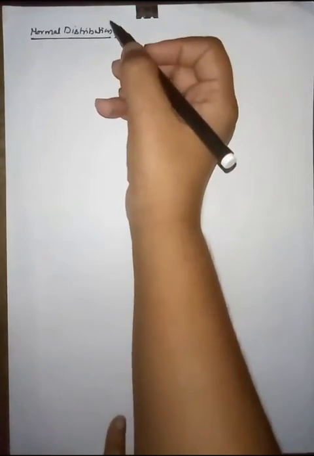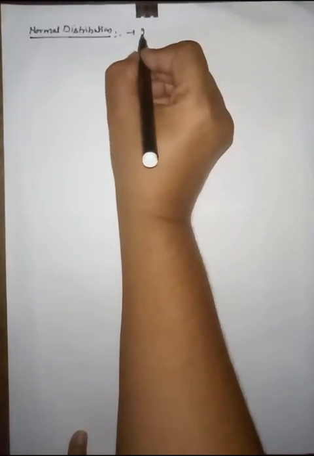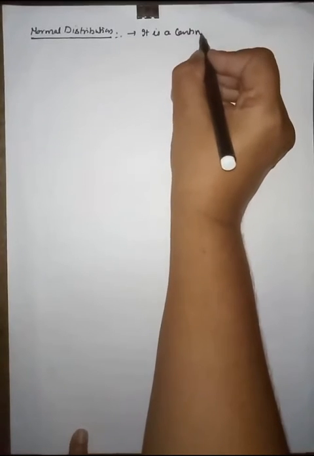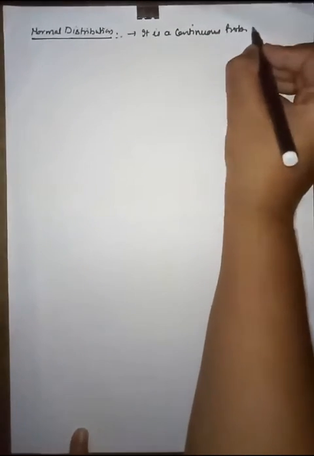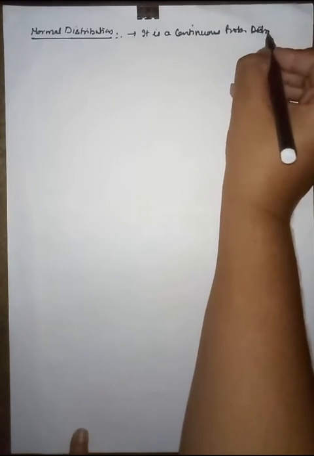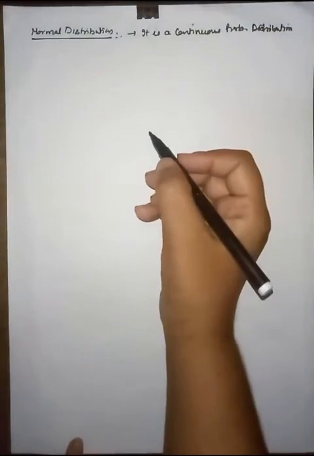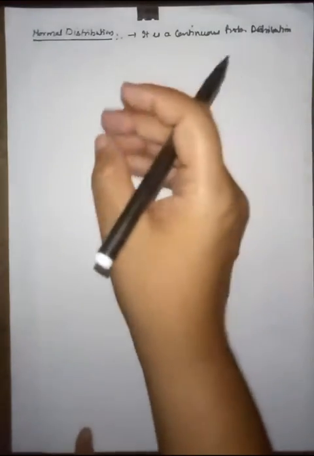So friends, the normal distribution is a continuous probability distribution. That means the random variable can take on any value within a given range, right friends?